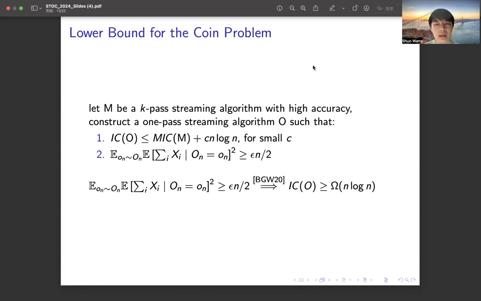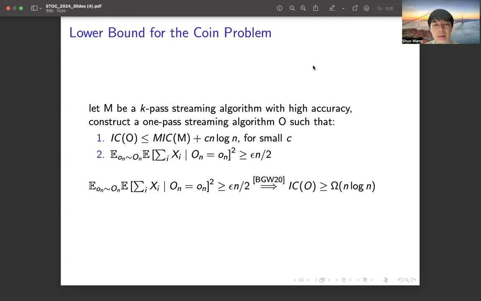And the second thing is that the variance is relatively small, conditioned on the end state of the one-pass streaming algorithm, which also means the one-pass streaming algorithm O also has a high accuracy on the coin problem.